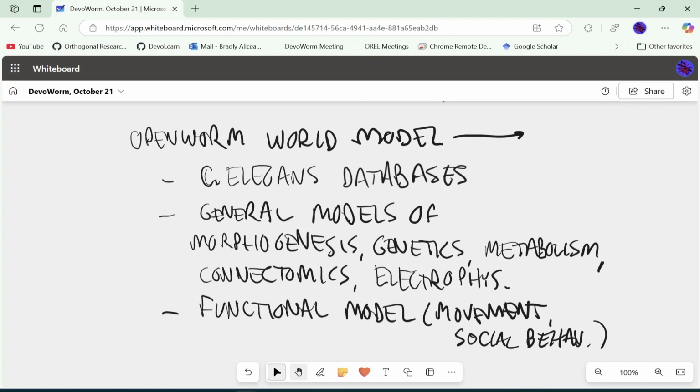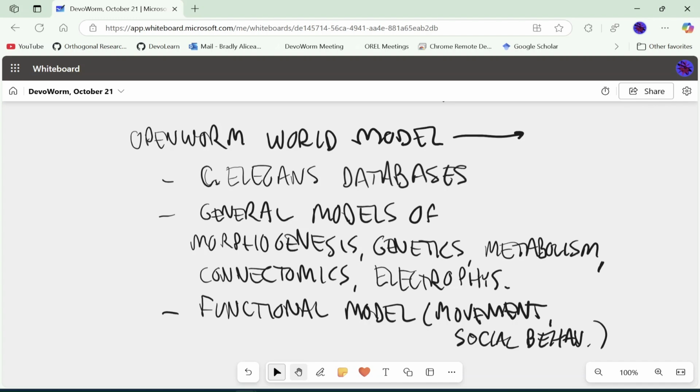But setting behavior aside, we can then build functional models. Here I say that functional models are things like movement behaviors or social behaviors. Functional models would really be anything that tells us something about the specific function of cells or organisms in different domains.